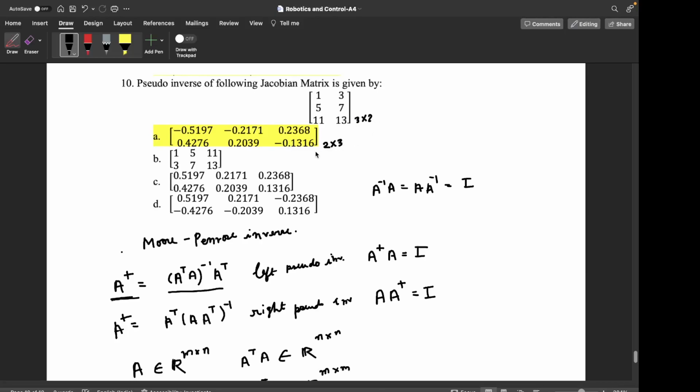So you have to pre-multiply this basically to get the identity. So this is a left pseudo inverse, and you can use this formula to compute that.